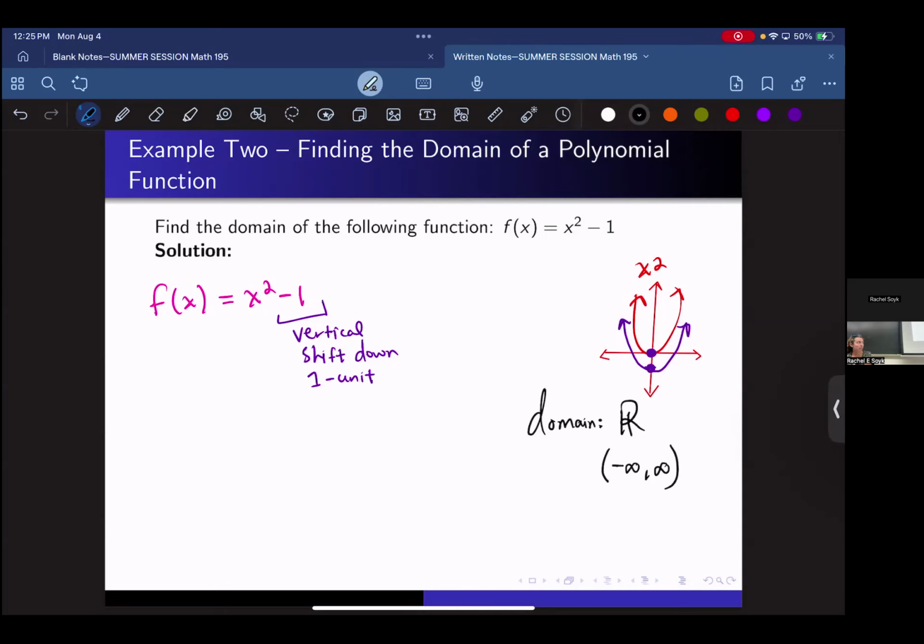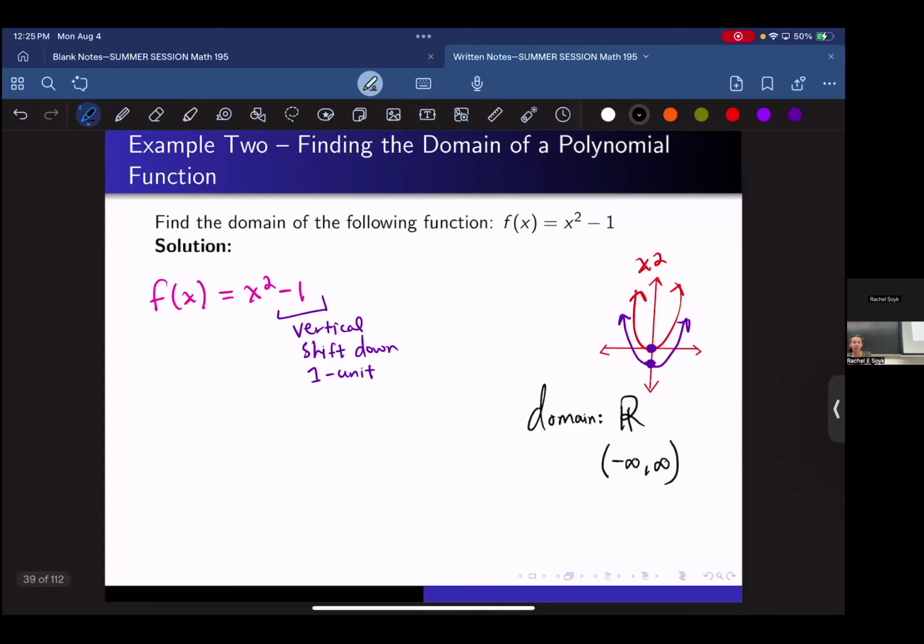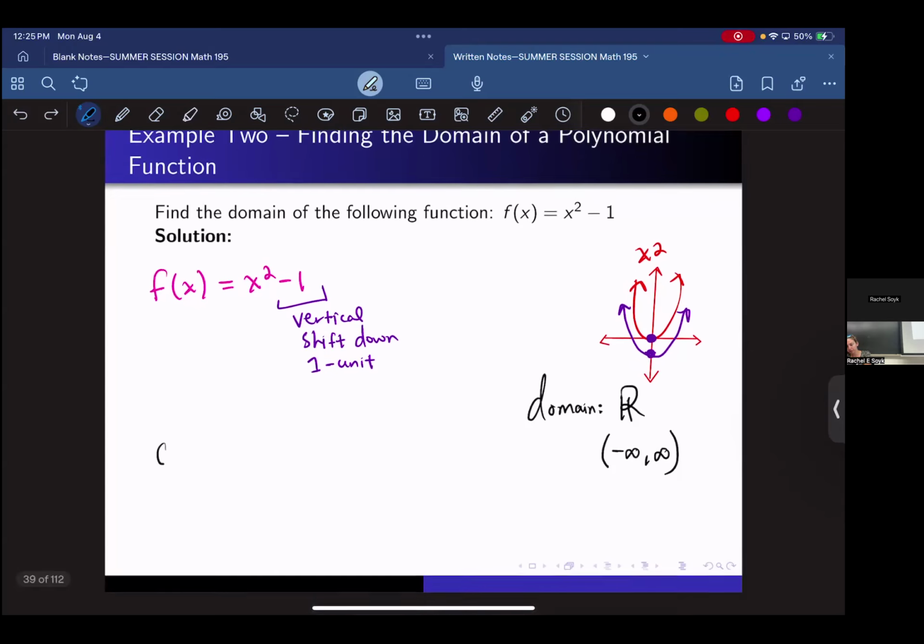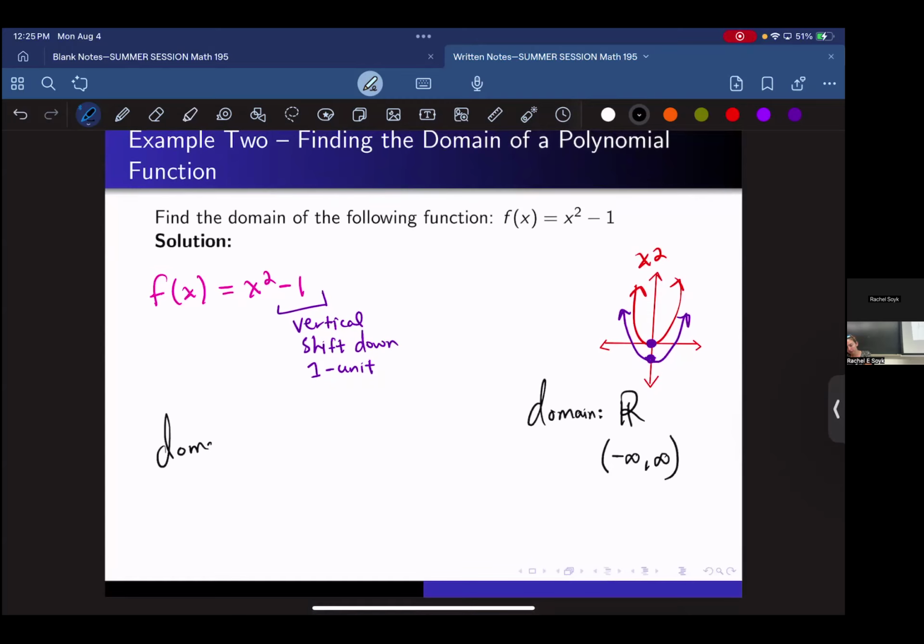Infinity is not a number, it's a symbol to represent the numbers keep going on forever. So you don't want to put in hard brackets. It's always soft. So our domain here, negative infinity to infinity.